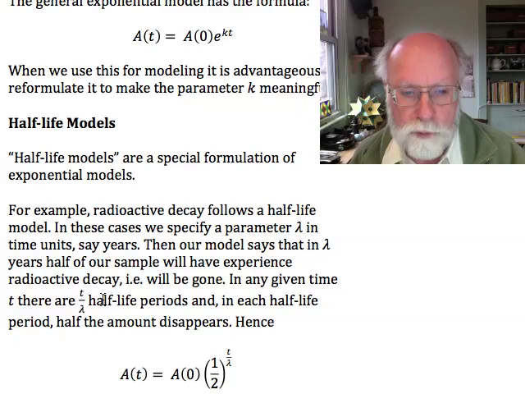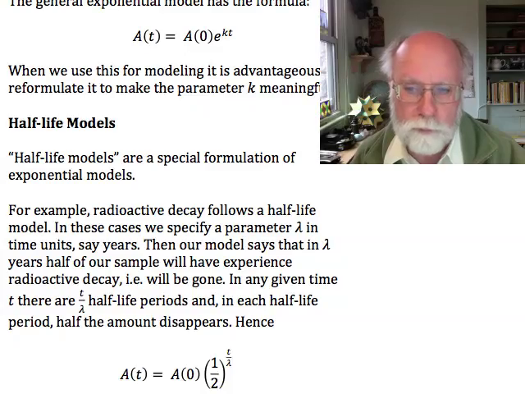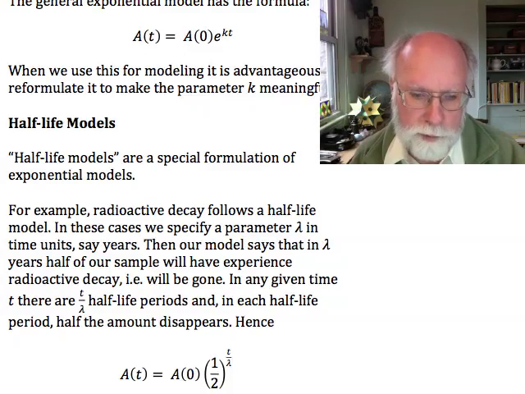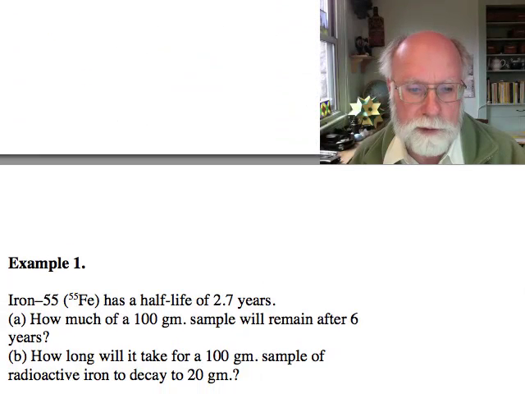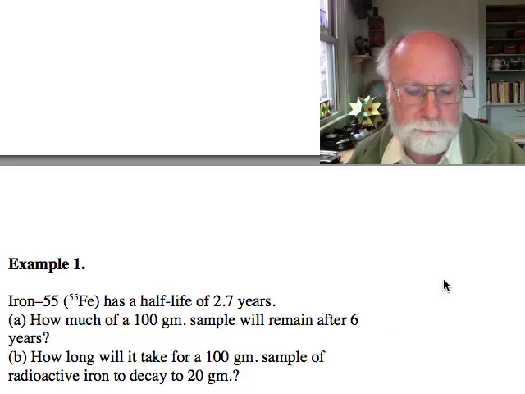For each of those half-life periods, you multiply by 1/2, so you get A of t is A of 0 times 1/2 to the t over lambda. And this is our formula for a half-life process. Let me just do an example so that we can see what's going on.